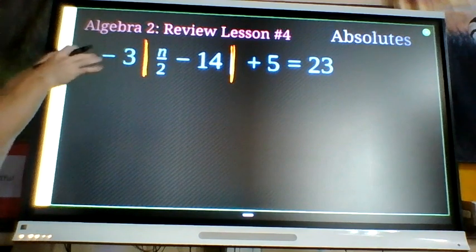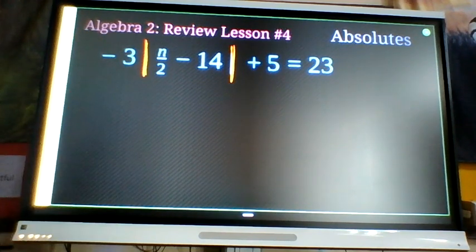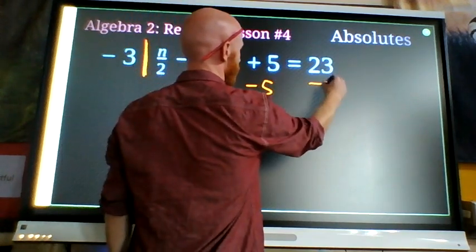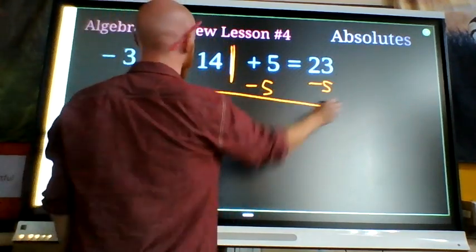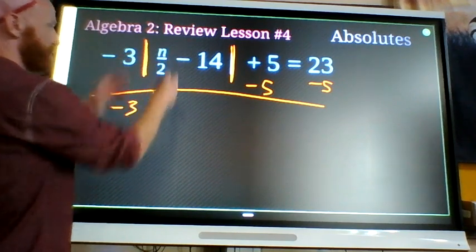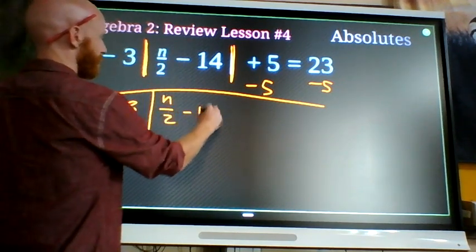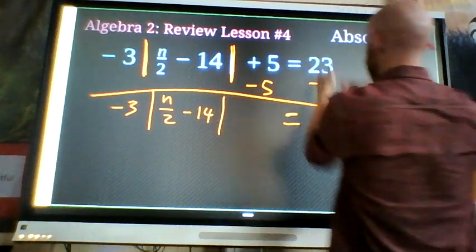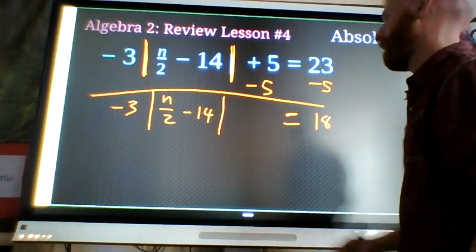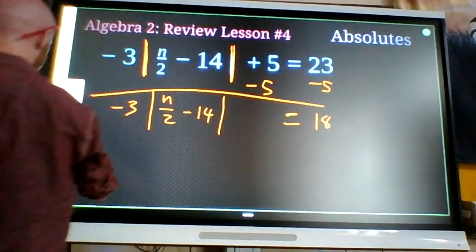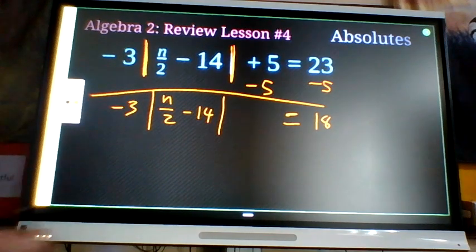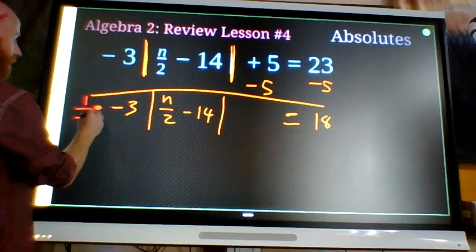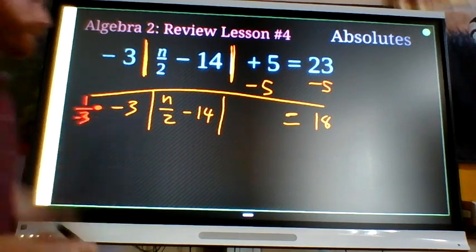So before I break this into two problems, I would subtract 5 from both sides. All right, negative 3 times absolute value, plus 5 minus 5 cancel out. Minus 5 keeps balance, 18. Then I would divide by negative 3 on both sides, or times 1 over negative 3, that accomplishes the same thing.